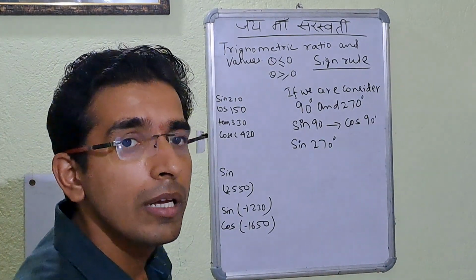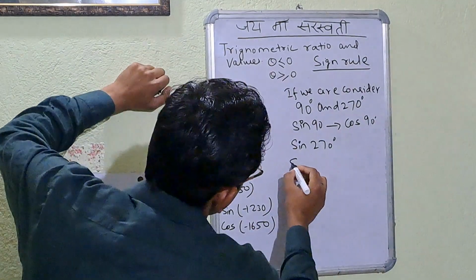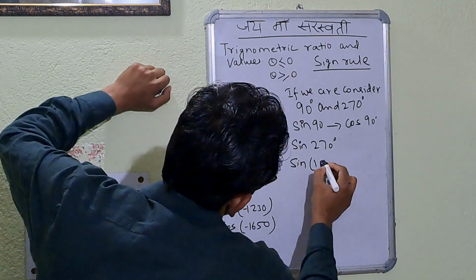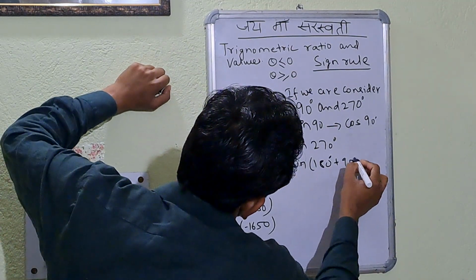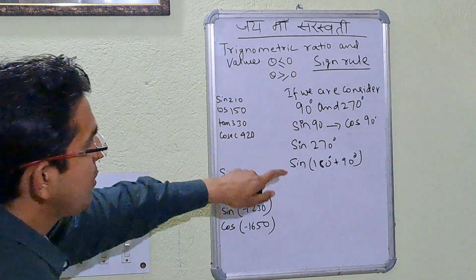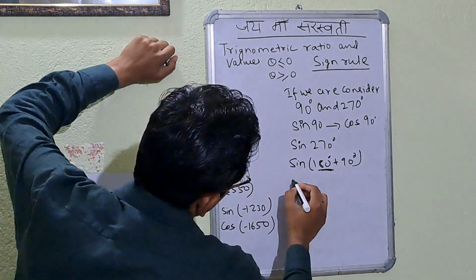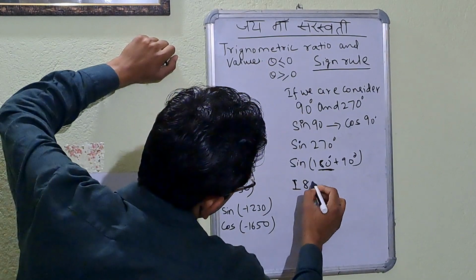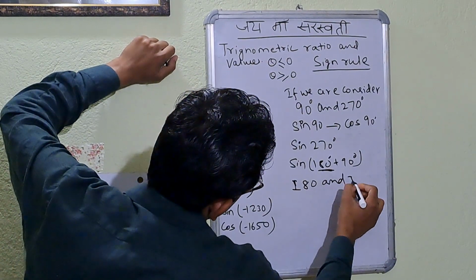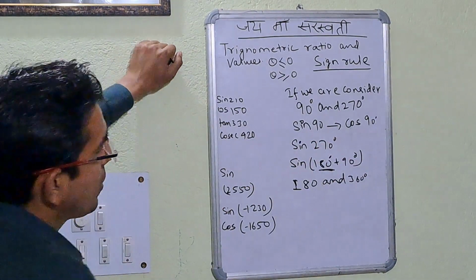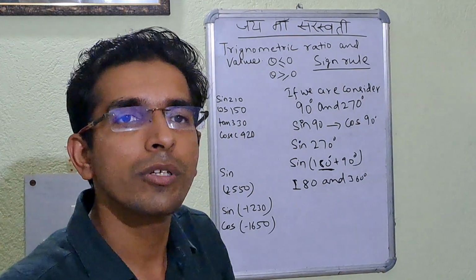We will write this as sine of 180 degree plus 90 degree, understood? In this case we are taking the help of 180 degree. If we are using the angle 180 degree and 360 degree, the trigonometric ratio will not change.